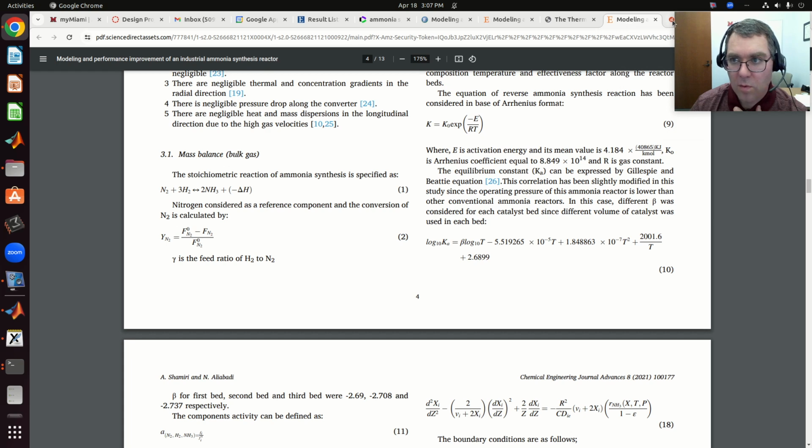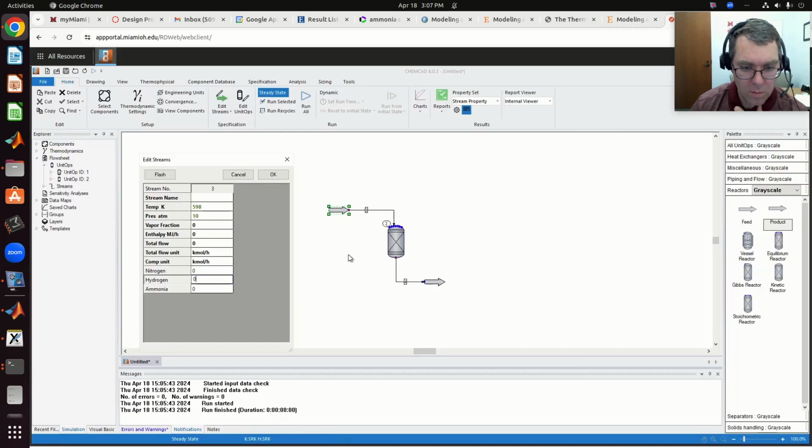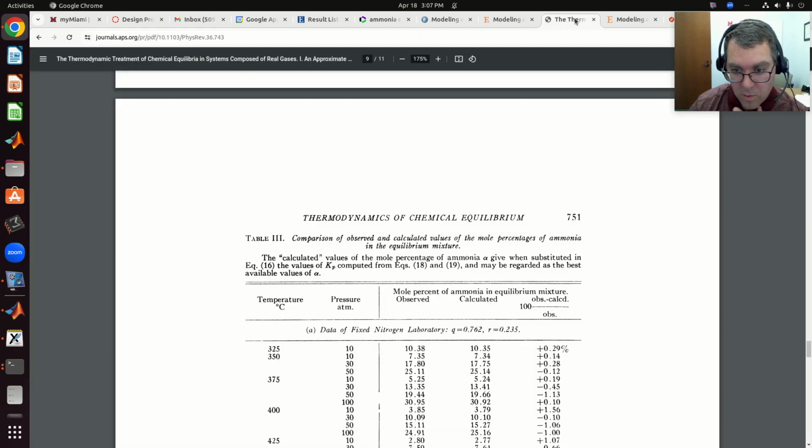0.762. Oh, I need to make this mole percent. 762, and then 235.